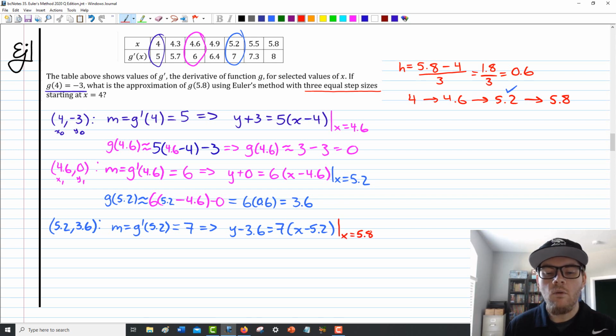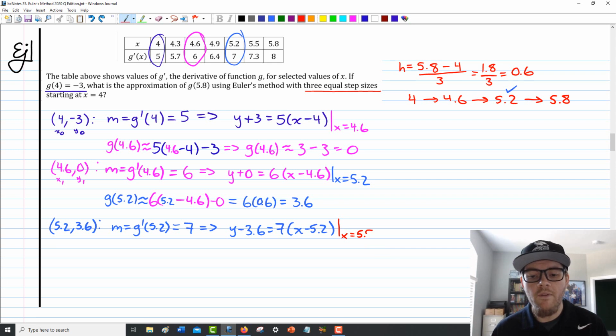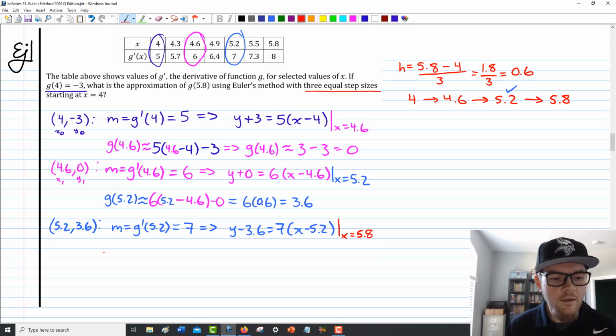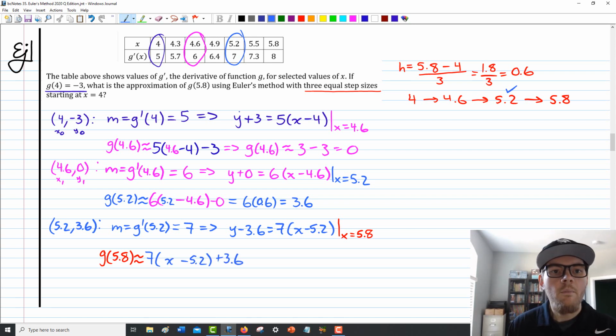Now that we have it, our goal was to figure out what happens at 5.8, or what our approximation with Euler's method would be at 5.8. So we're going to plug that in. In other words, we're going to calculate an approximation for g of 5.8. That approximation is going to be equal to 7 times the quantity, x minus 5.2, and then plus 3.6. But we already established that our goal here was to approximate at 5.8.